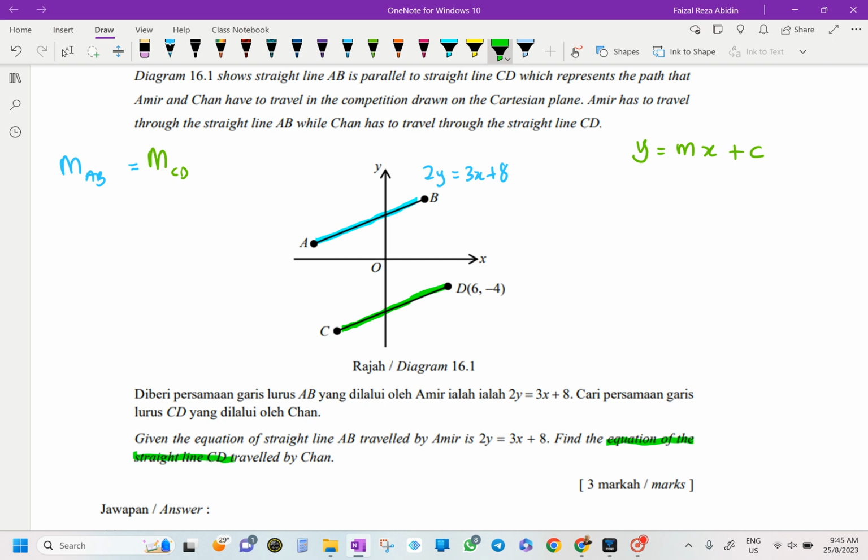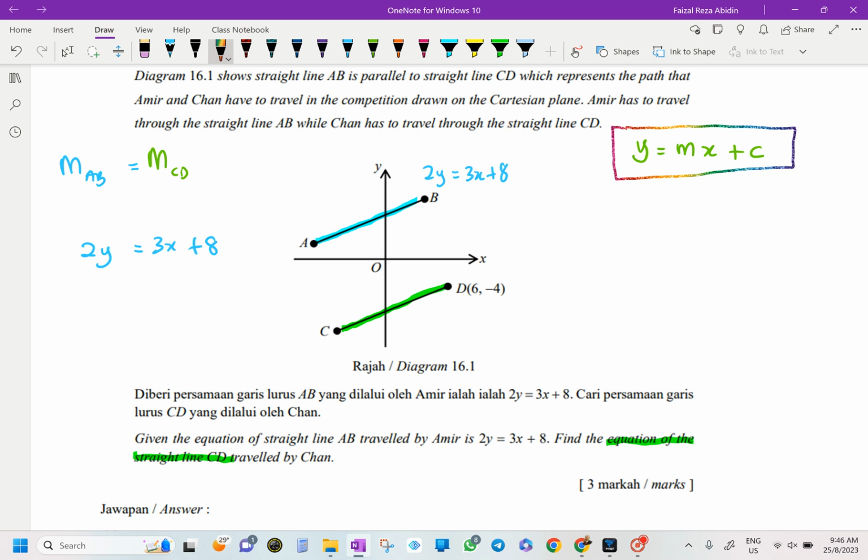Did we have our gradient? Okay, so over here, your equation is 2y = 3x + 8. Just now I stated the general form of the equation of a straight line, where the coefficient of y is positive 1.